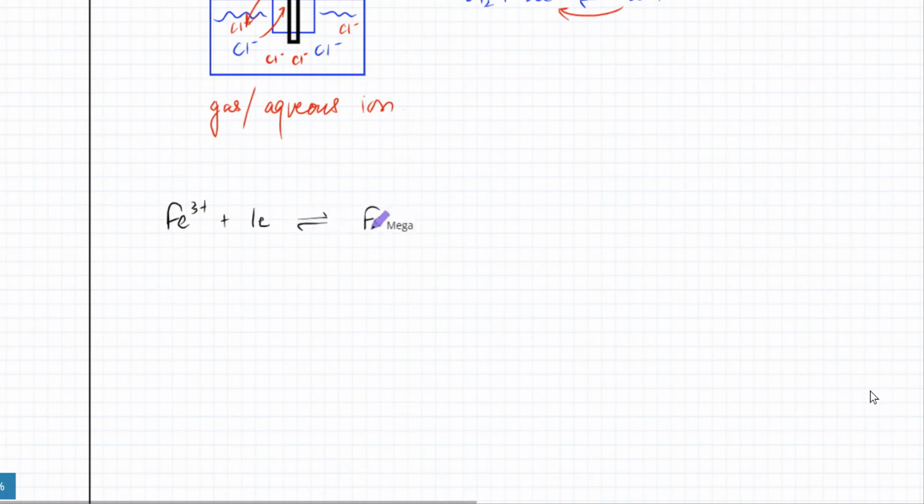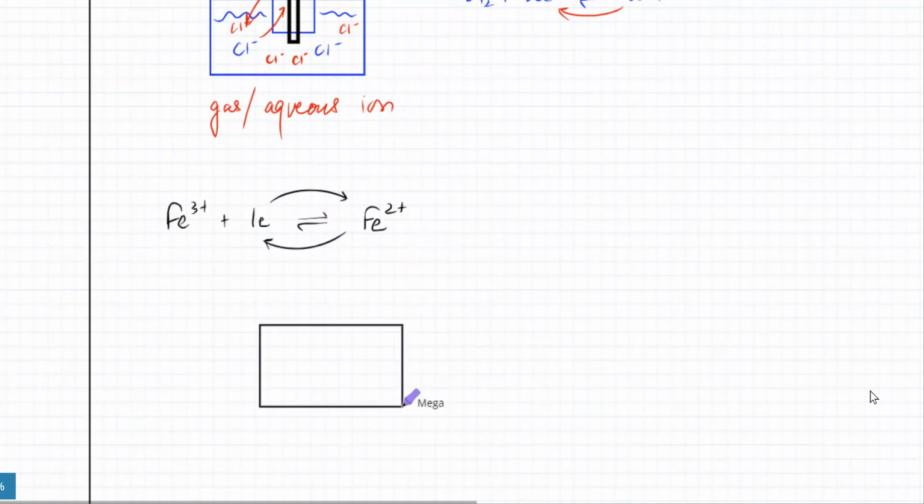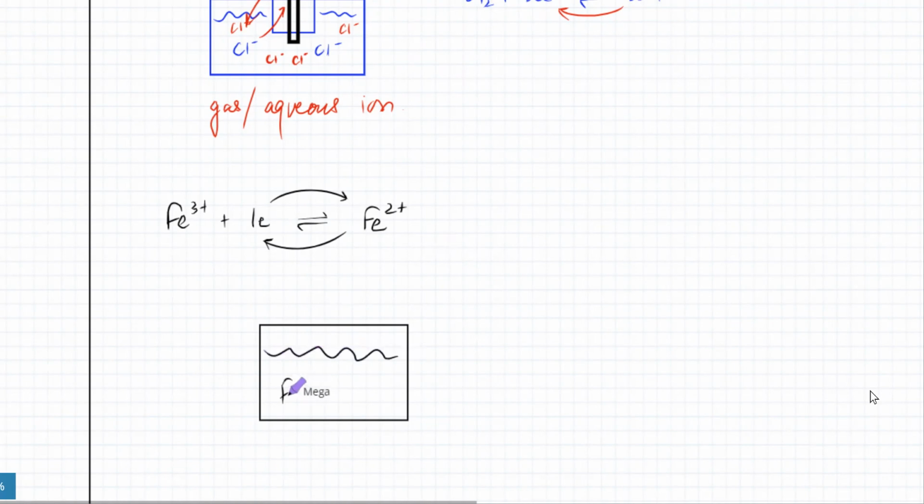So does it like to go in the forward direction, or does it like to produce electrons and lose electrons? If both of them are ions, I'm going to construct an electrode, and since both are ions, they would be part of the solution. So the solution will have Fe3+ and also Fe2+.